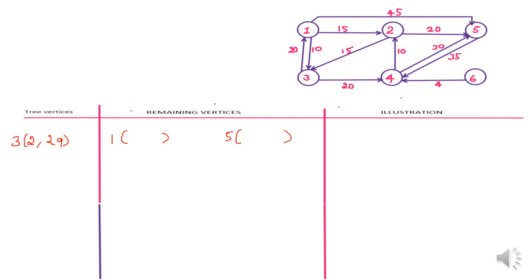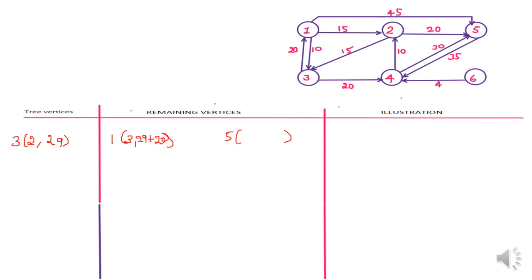Whether 3 is making an edge with 1. Earlier it was infinity. Yes, 3 is making an edge with 1. So here I can write the penultimate vertex is 29, this distance, and from 3 to 1, what's the distance? 3 to 1 is 20.